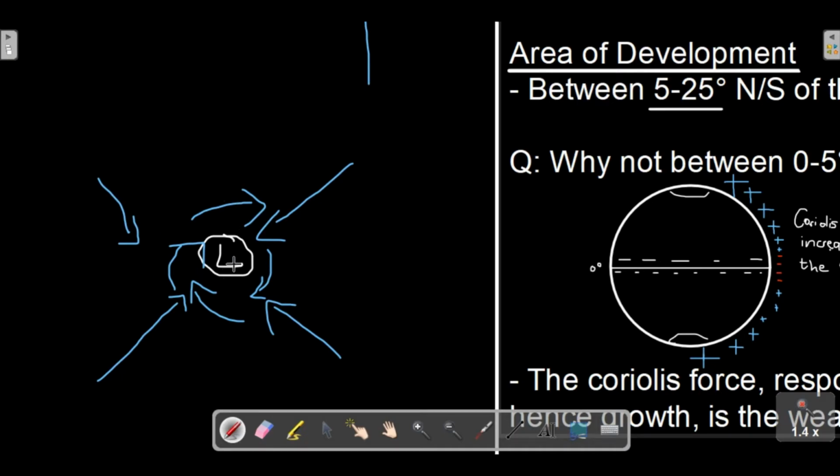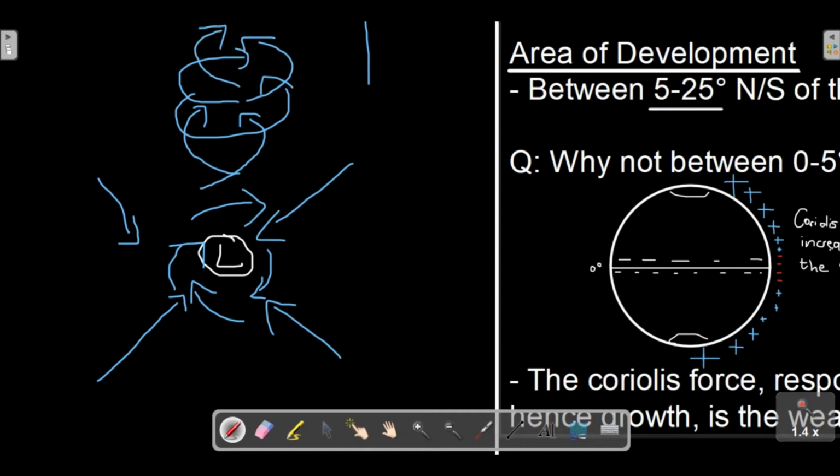As they are moving towards this low pressure, they get deflected such that they rotate clockwise. So they are rising up while rotating. That's what we see there. They are rising up and rotating while doing so, and this is caused by Coriolis force.